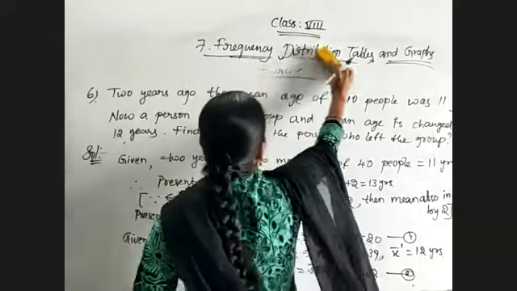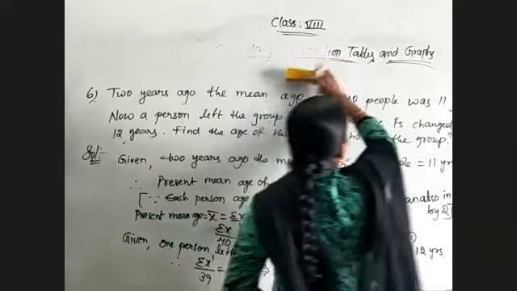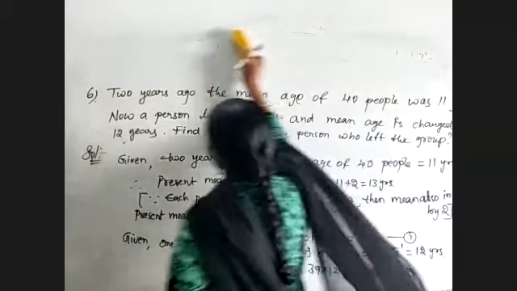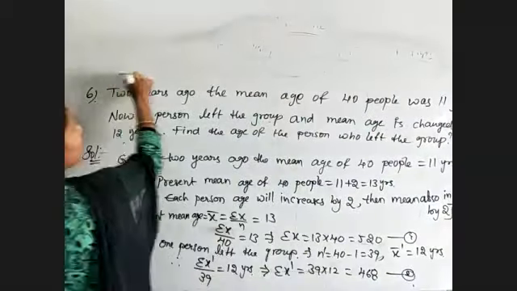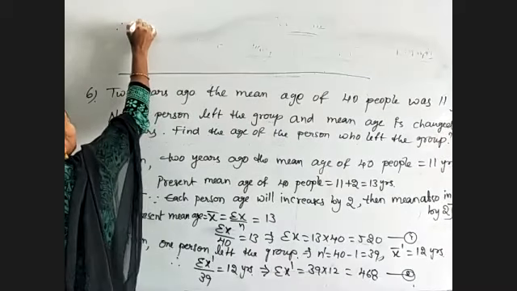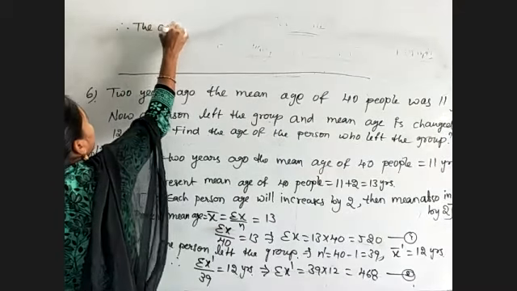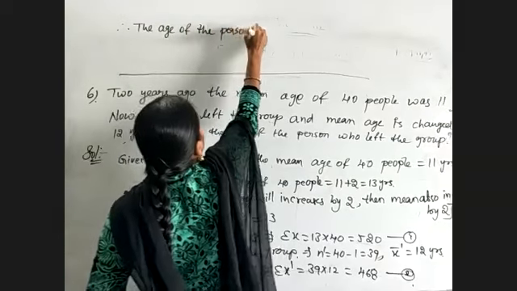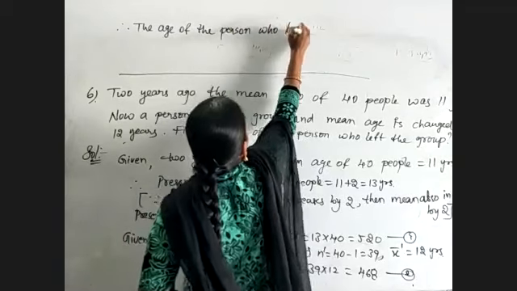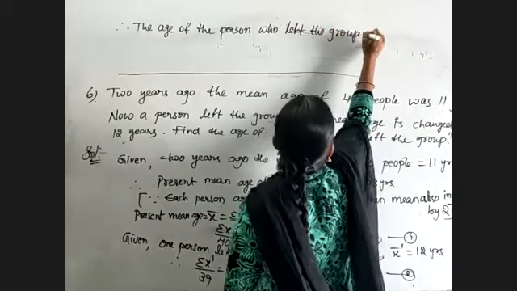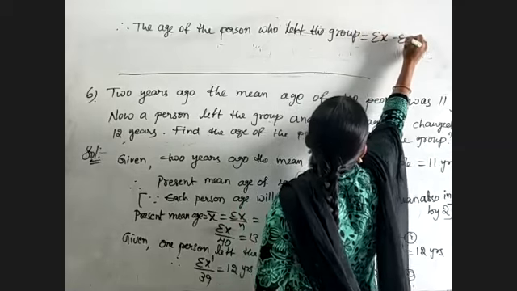So here I am writing, therefore the age of the person who left the group equal to sigma x minus sigma x dash.